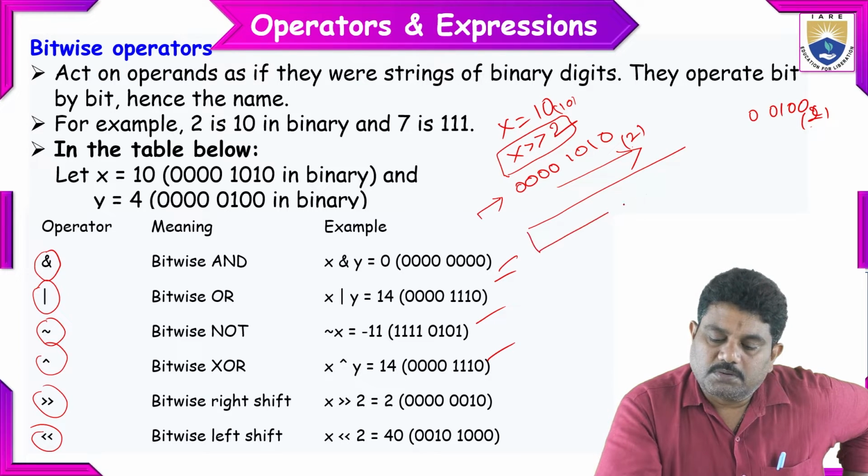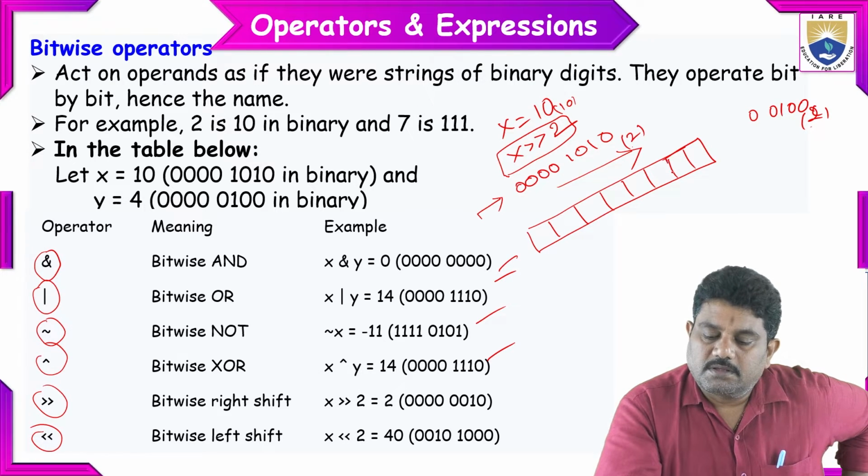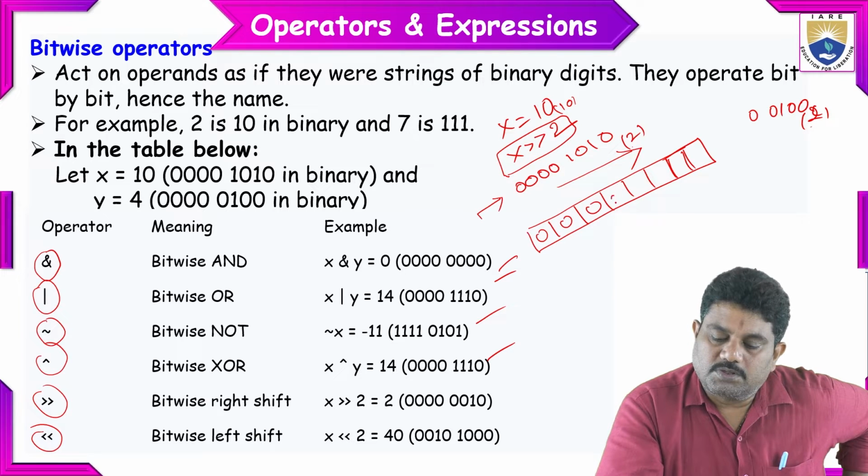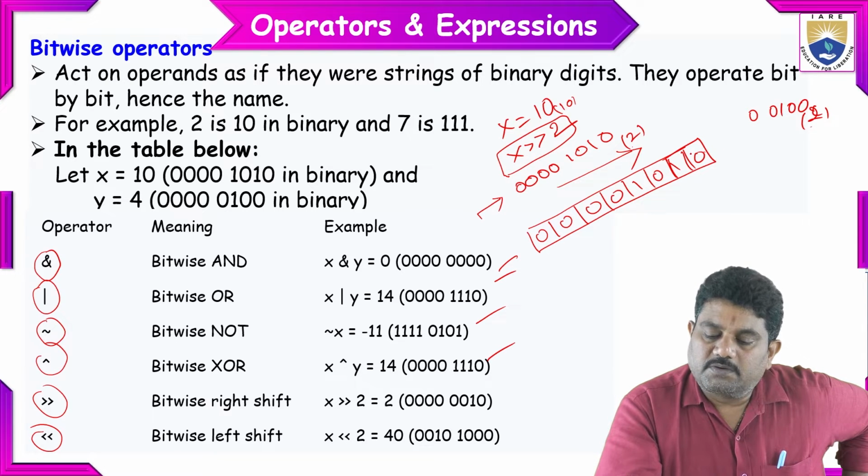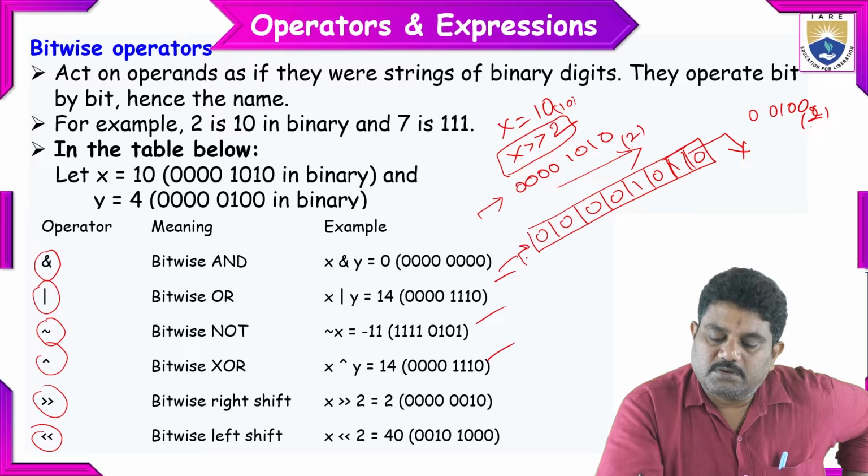I'll show you now. Assume 0 0 0 0 1 0 1 0. Now you have shifted 1 bit, so the last 0 comes out, and you have pushed a 0 in from the left.